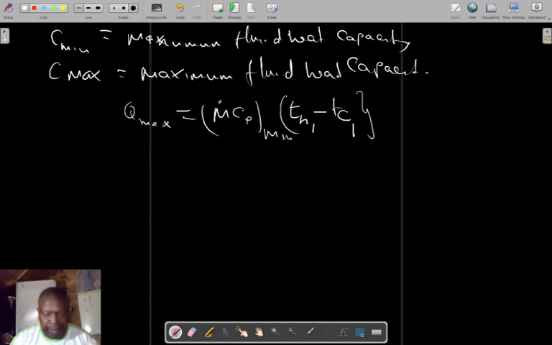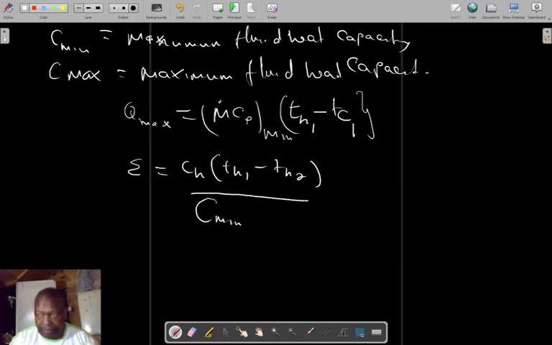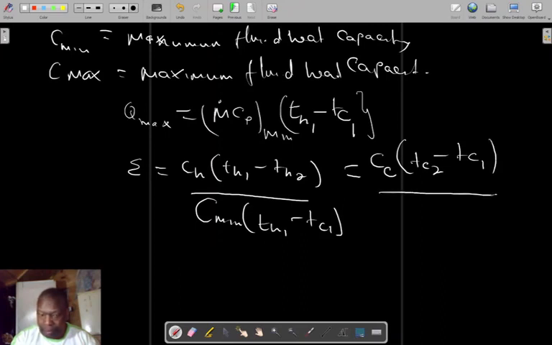So it means that our epsilon is equal to Ch (Th1 minus Th2) divided by C minimum (Th1 minus Tc1), which is equal to Cc (Tc2 minus Tc1) all over C minimum (Th1 minus Tc1).